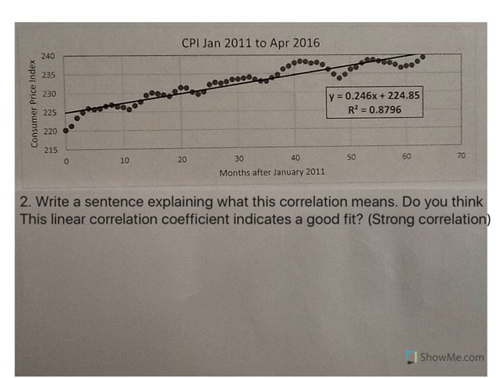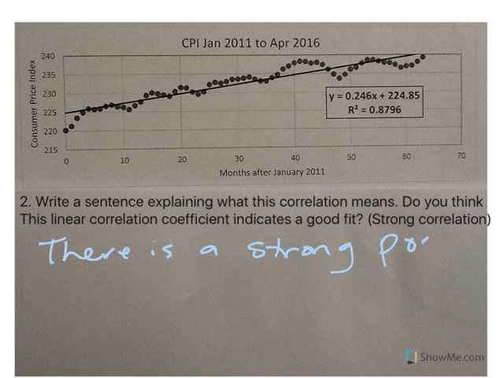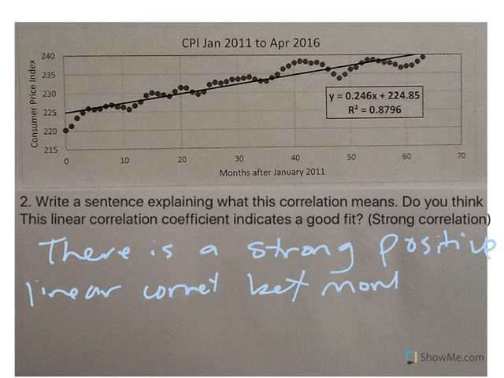Now, write a sentence explaining what this correlation means. So we could say there is a strong, I say it's strong because 0.9379, we're getting close to 1, if you're in the 0.9s. So that means it's a strong, positive, linear correlation between months after January of 2011 and CPI.